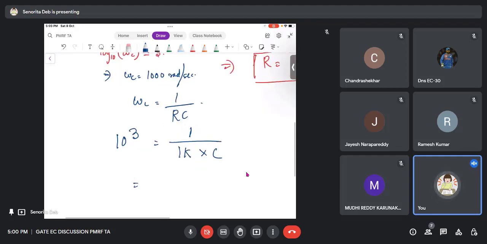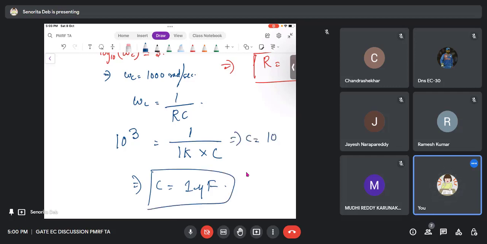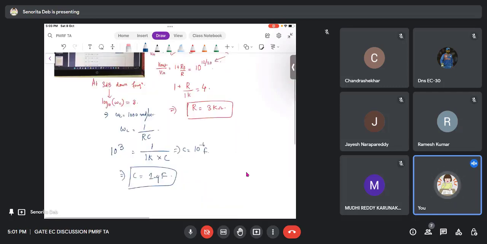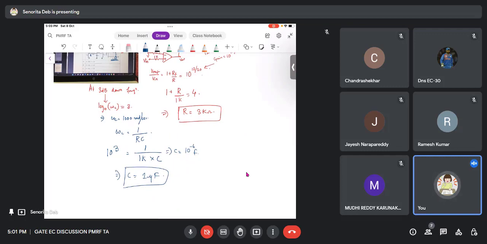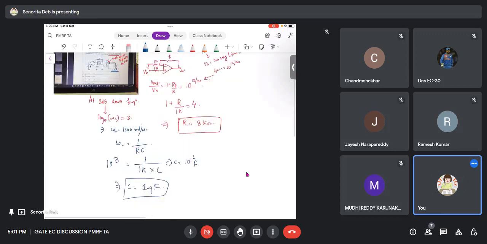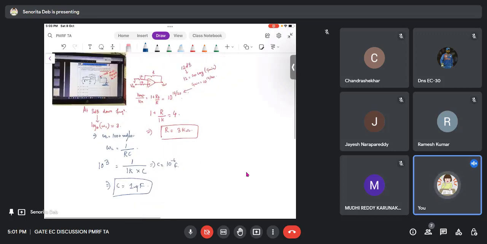This implies C is nothing but 1 microfarad. If you solve this, you will get 10 to the power minus 6, right? So the answer is R is 3 kilo ohm and C is 1 microfarad. Is this question clear or should I explain more? Please let me know.